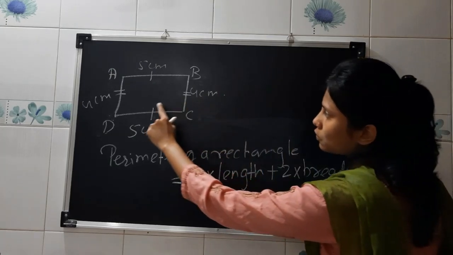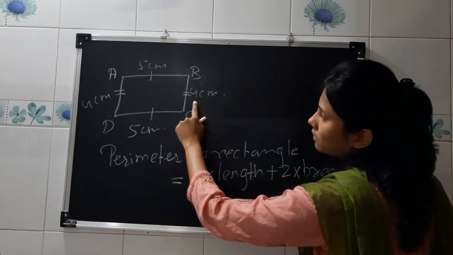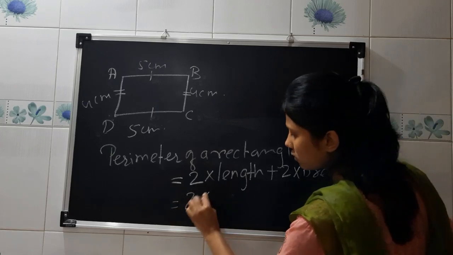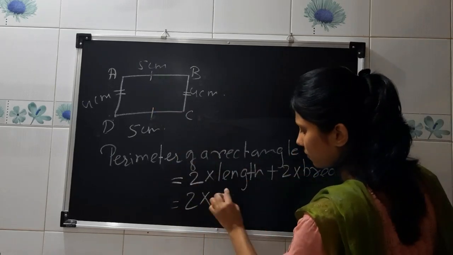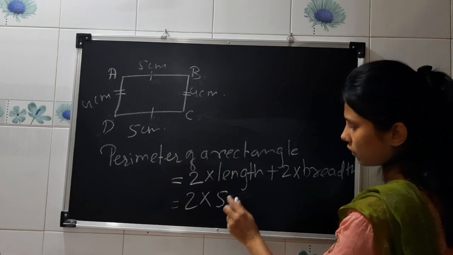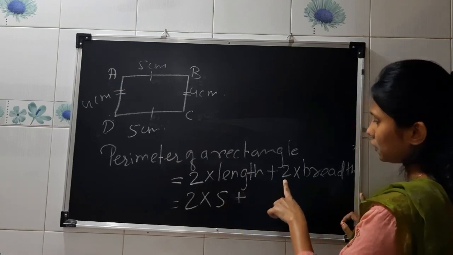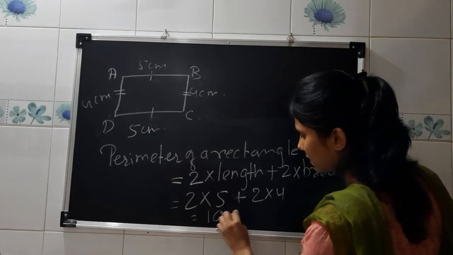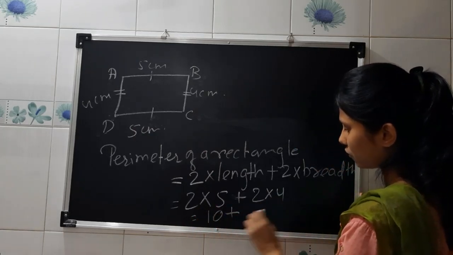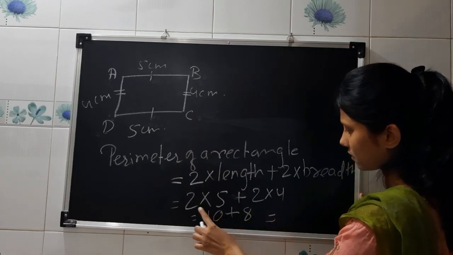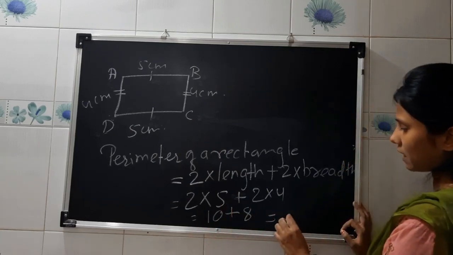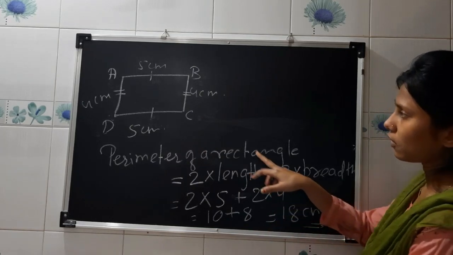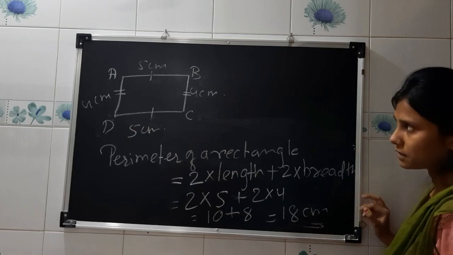Here, 2 into 5 plus 2 into 4. 2 fives are 10 plus 2 fours are 8. So 10 plus 8, 18 centimeter. The perimeter of rectangle ABCD is 18 centimeter.